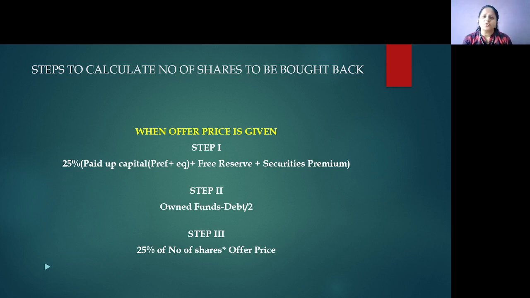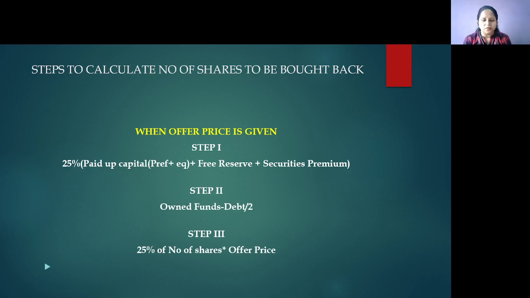If these two things are there, you can proceed with solving the question. But when it comes to difficulty level 2, they may not give you the number of shares or they may not give you the offer price. So we'll be basically discussing level 2 and level 3 questions in this video.